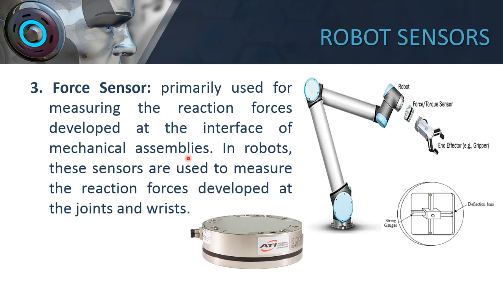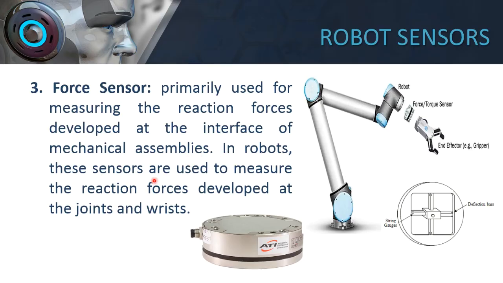Now, a part has to be assembled on a sub-assembly. When the end effector keeps a particular part on the sub-assembly wherever it has to be assembled, there should be a certain reaction force which the end effector should measure. Based on the force it is getting, it can understand whether the part has been assembled properly or not.